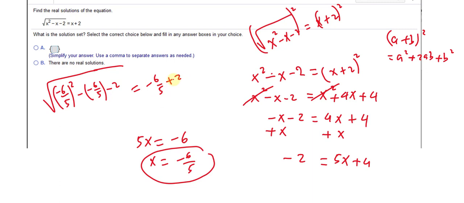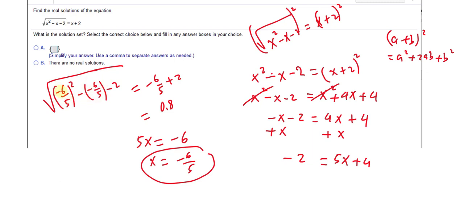Now 6 divided by 5, minus 6 divided by 5, that is minus 1.2. And you add 2, you get 0.8. Let's check the left hand side.